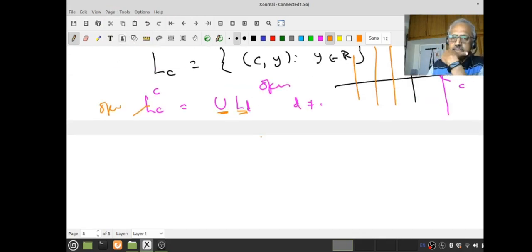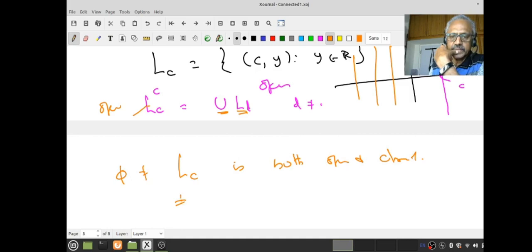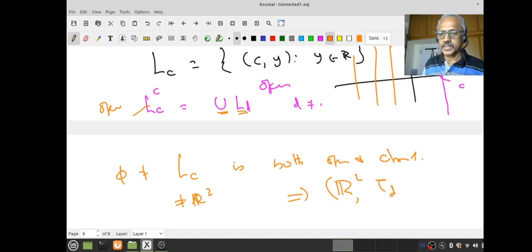Therefore what I have found is LC is both open and closed, and it's not empty, and it's not equal to X, R2. Therefore R2 with the dictionary order topology is not connected.